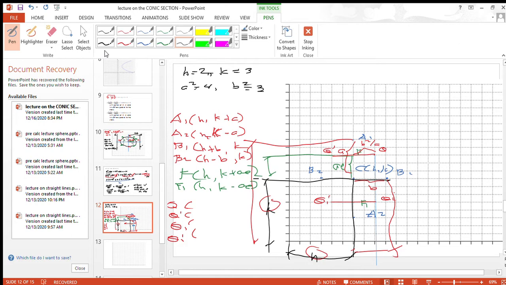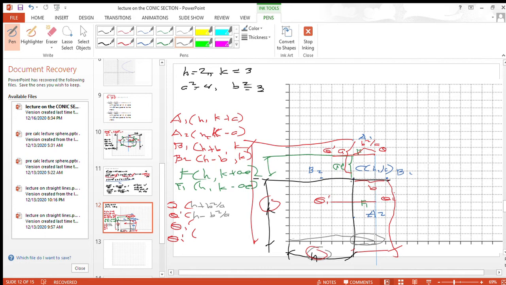Which will be H plus this small section, which is b squared over a. This small part here is b squared over a. So that must be h plus b squared over a. Q prime is to the left, h minus b squared over a.